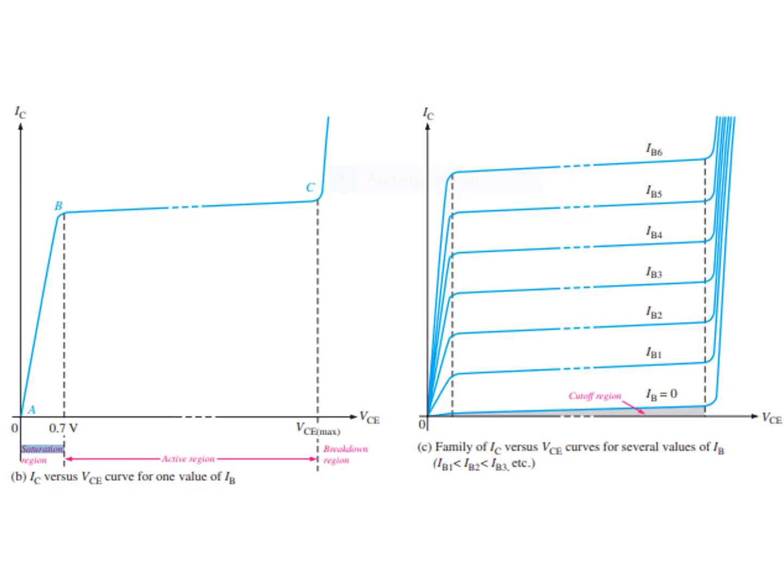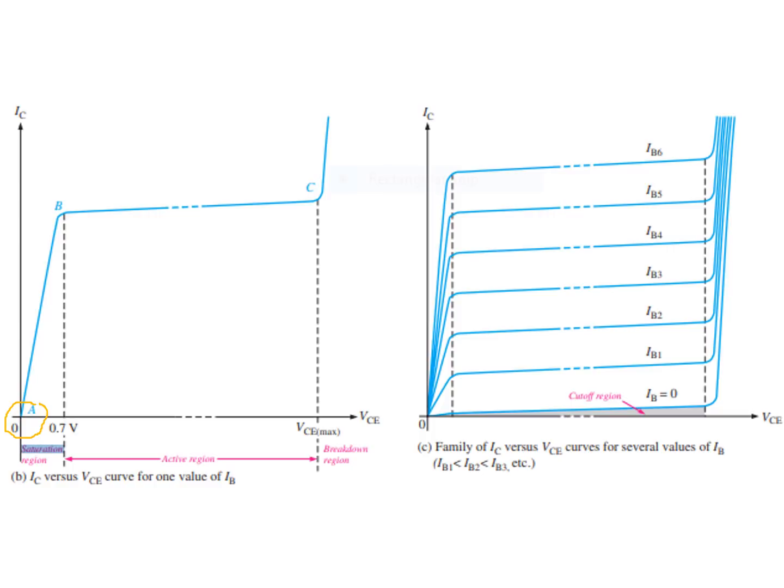When both junctions are forward biased, the transistor is in the saturation region of its operation. Saturation is the state of a BJT in which the collector current has reached a maximum and is independent of the base current.